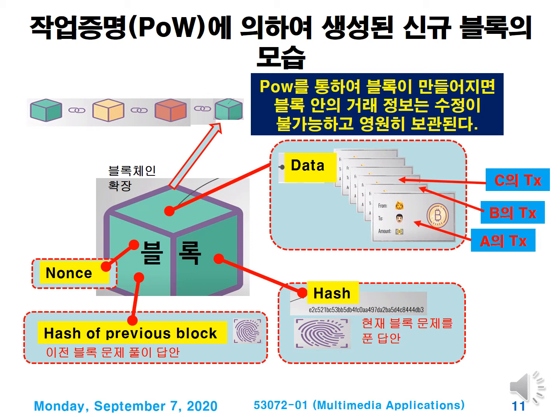Here data stands for transactions, gather the transactions, and then data, nonce, and hash of the previous block is the input of the hash function.